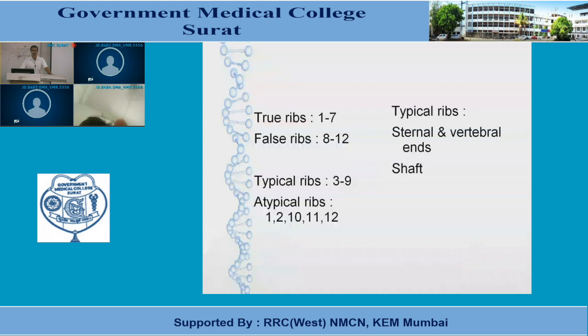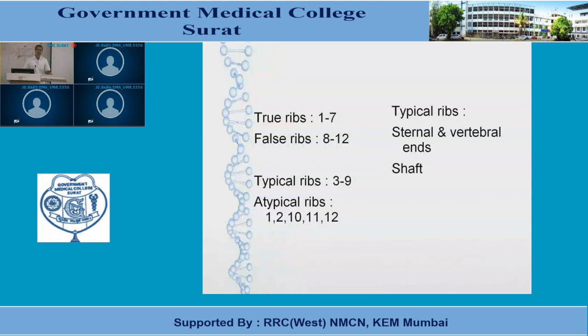Typical ribs are the 3rd to 9th ribs, having the same, similar features. But the remaining, first, second, 10th, 11th and 12th ribs, these are atypical ribs.